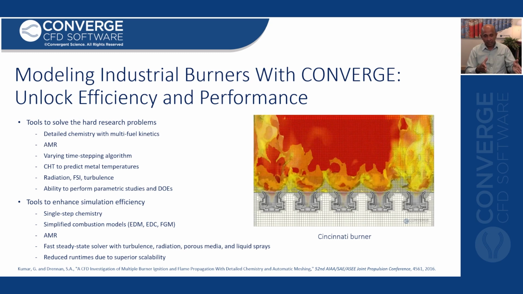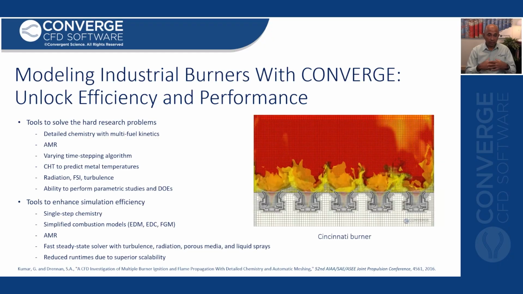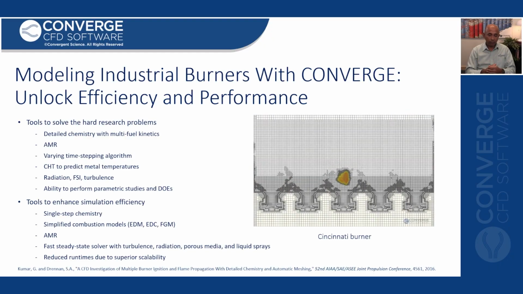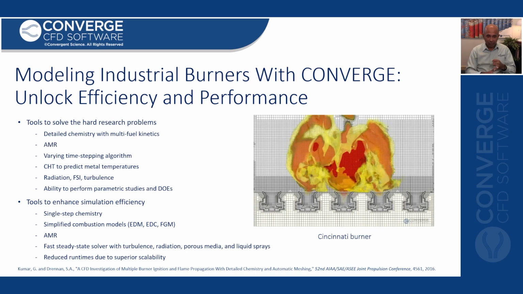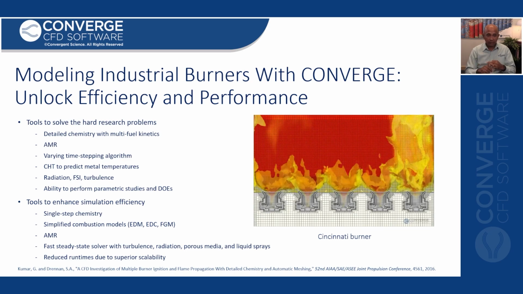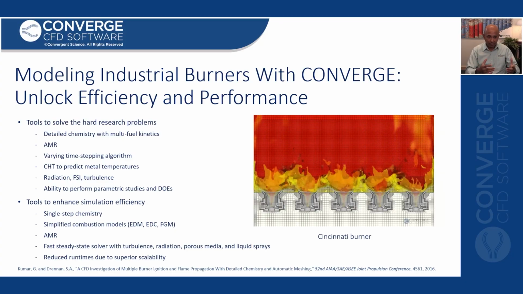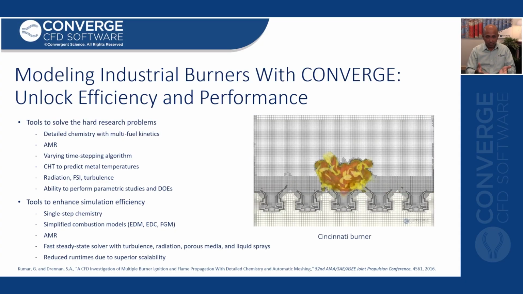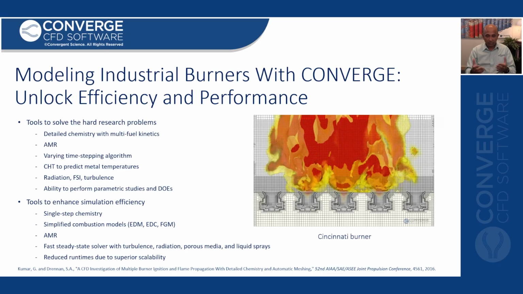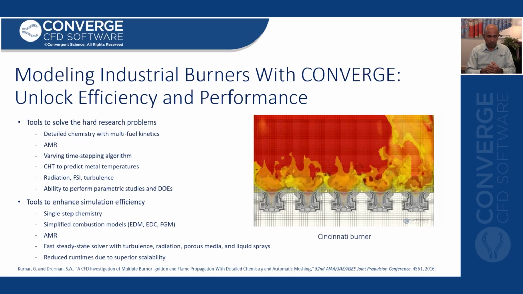So on the other side, you have the performance type simulations that you might want to do where accuracy is of importance. So the detailed chemistry with multi-field kinetics, adaptive mesh refinement, varying time-stepping algorithms. Now you might want to run these transiently. Conjugate heat transfer comes into play, radiation, turbulence, like maybe you want to do LES with thickened flame model.